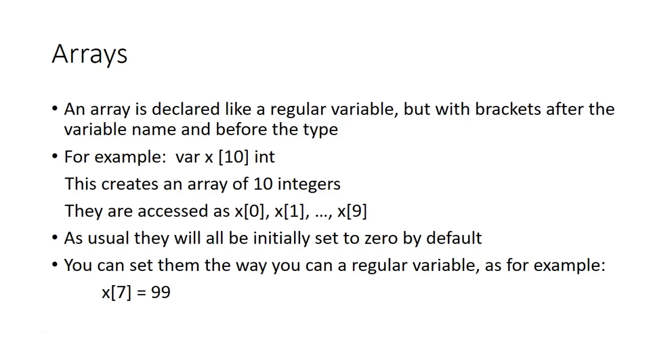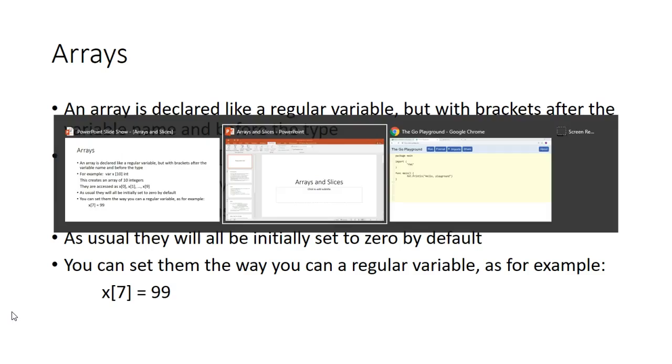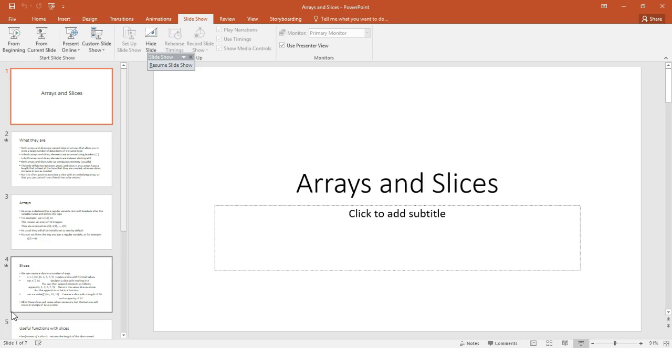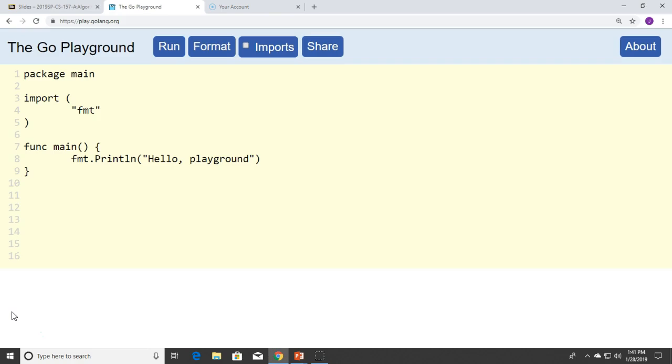So let's go through and do this. I'm going to create an array of 10 integers. I'll flip over to the playground and do that. There's the playground. So I need to create an array of 10 integers here. So here we go. Var x is an array of 10 integers.